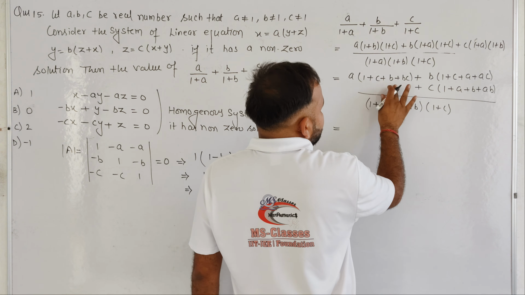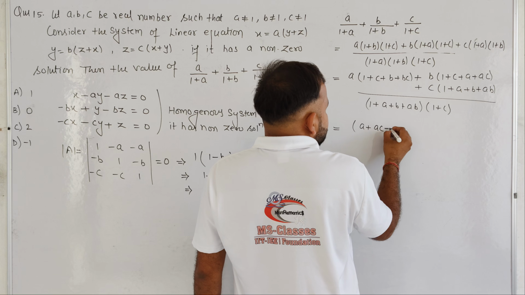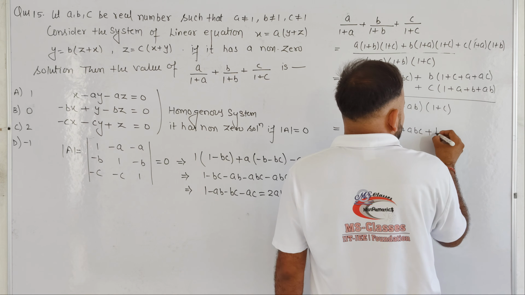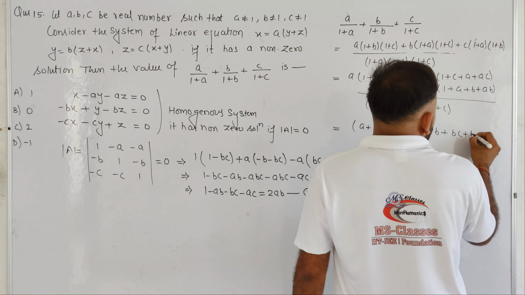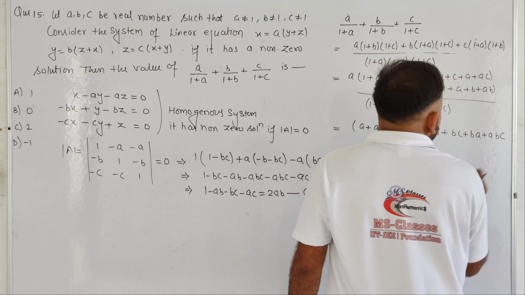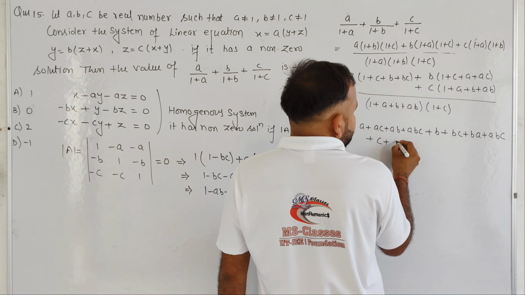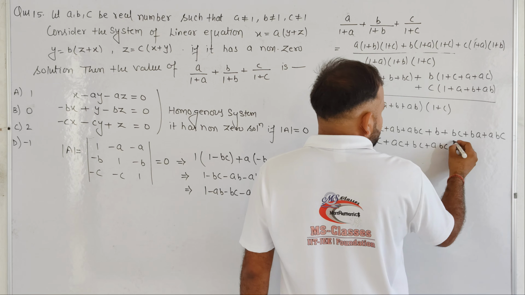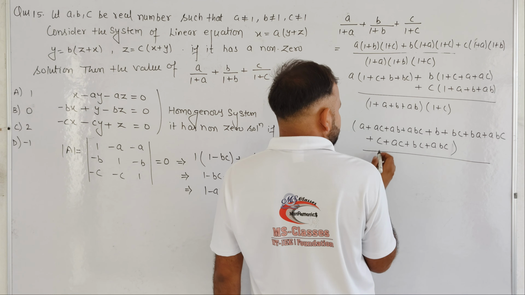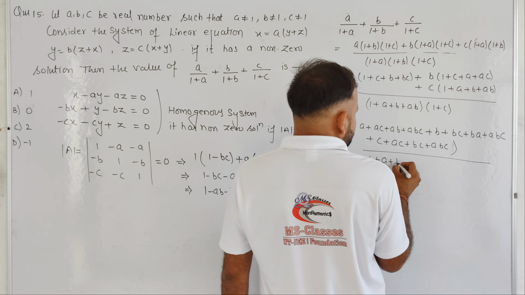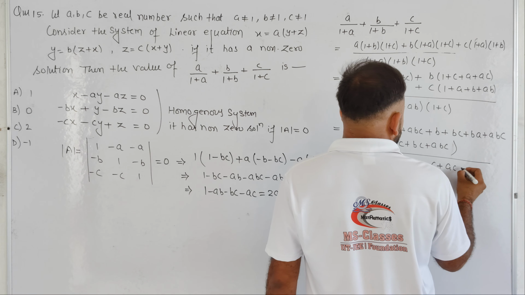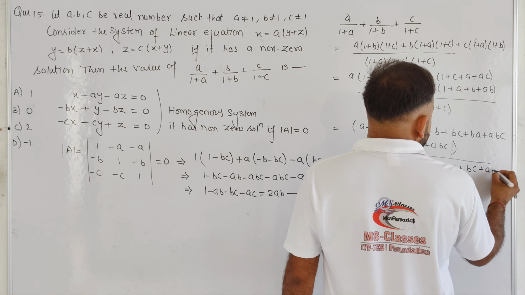Student, if you multiply a inside the bracket, it becomes a plus ac plus ab plus abc, plus, if you multiply b inside, b plus bc plus ba plus abc. In the same way, c plus ac plus bc plus abc.